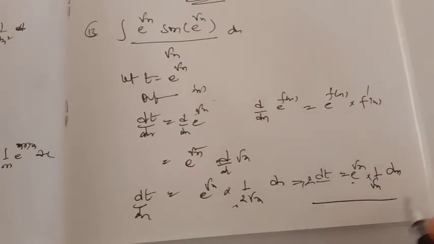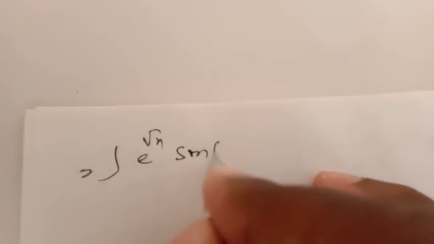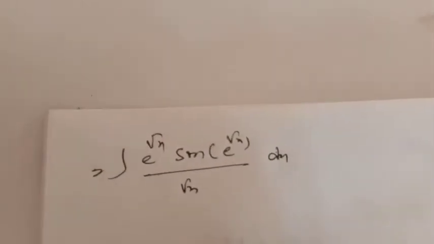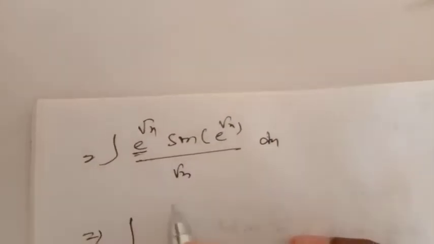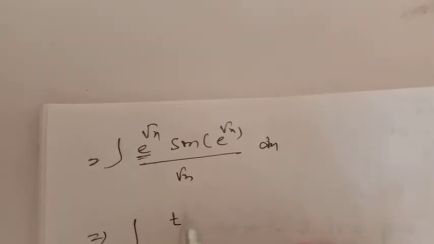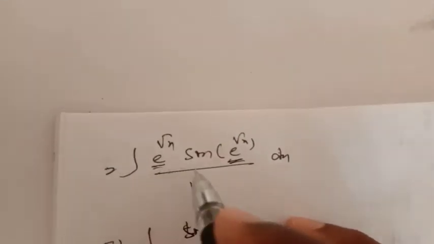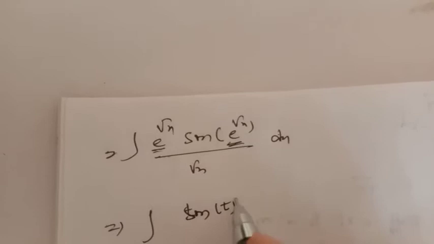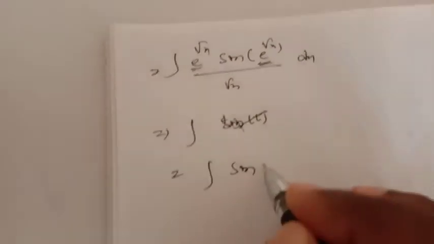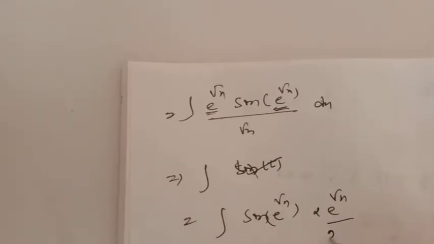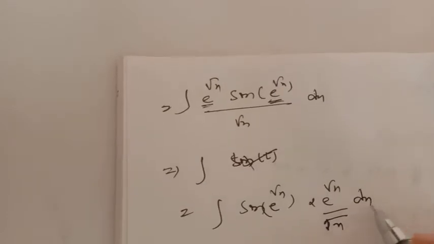Here substitute these values in the given problem. The integral of e power root x into sin e power root x by root x dx can be written as sin e power root x into e power root x by root x into dx.